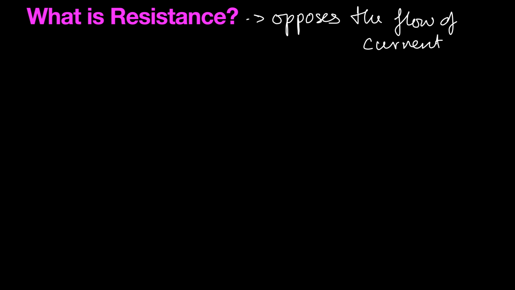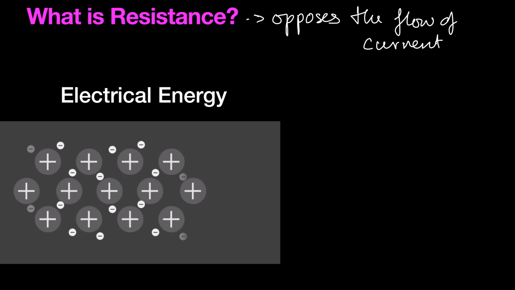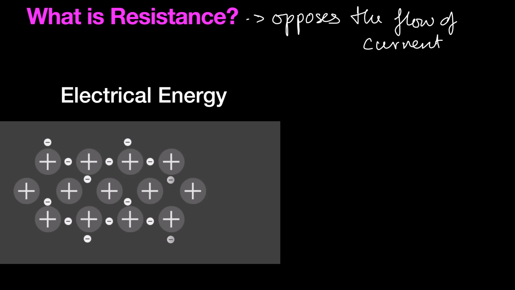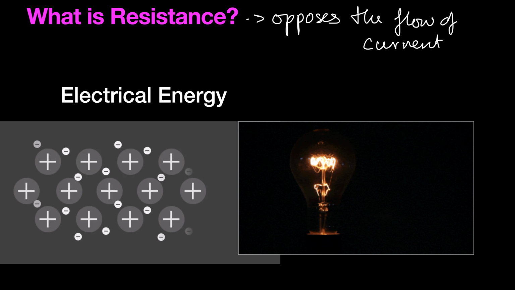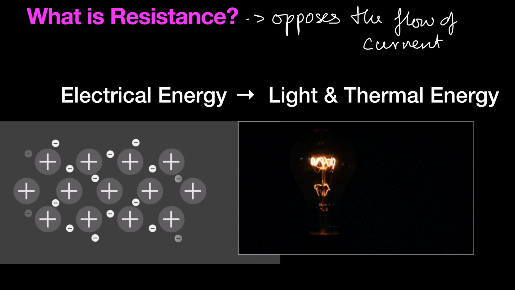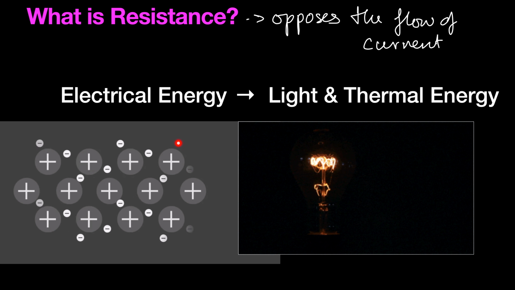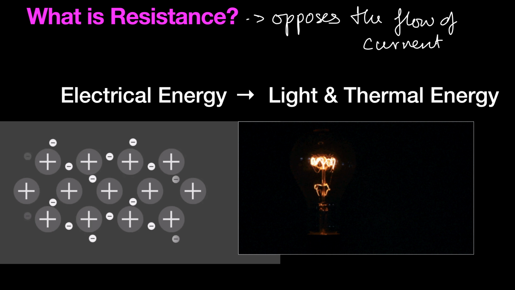And it's a vital concept in understanding why our phones heat up and how electrical energy is converted to thermal energy or light energy, like in the case of this filament bulb here. In this model, we can see the electrons flowing through the lattice.